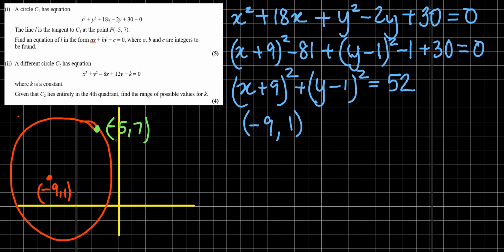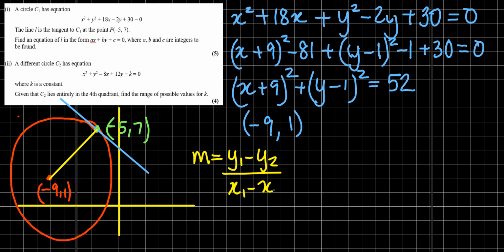There's a tangent here. So what we need to do is find the gradient from the center to (-5, 7). Now we can use the gradient of a line equation, or we could just visualize it.